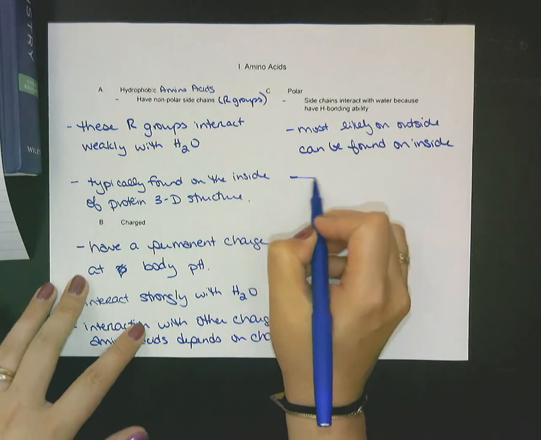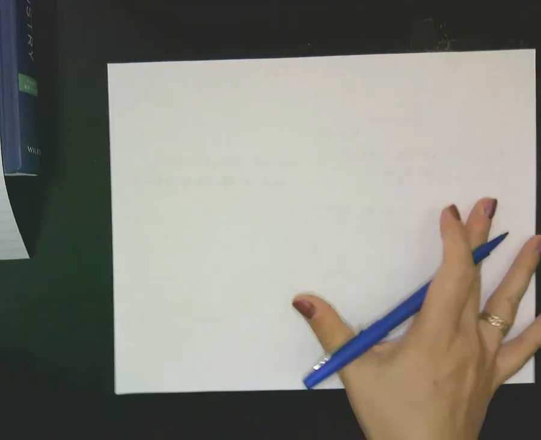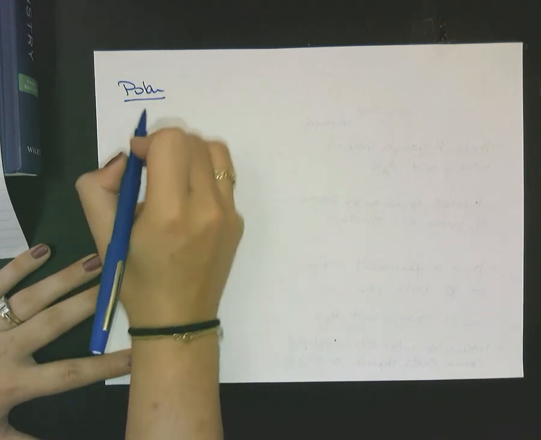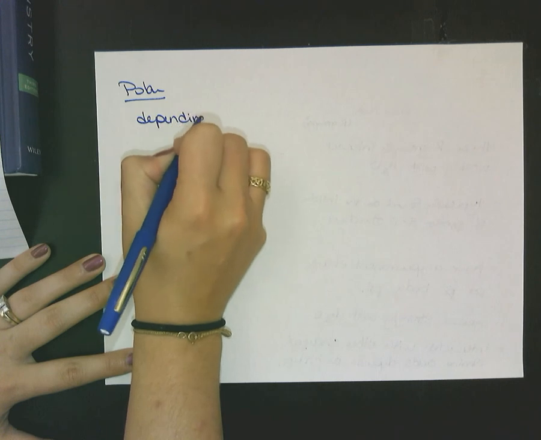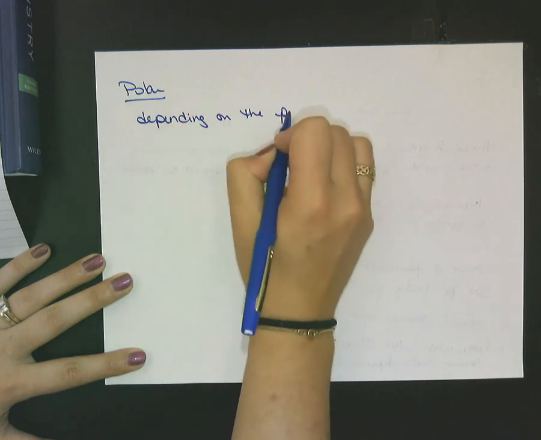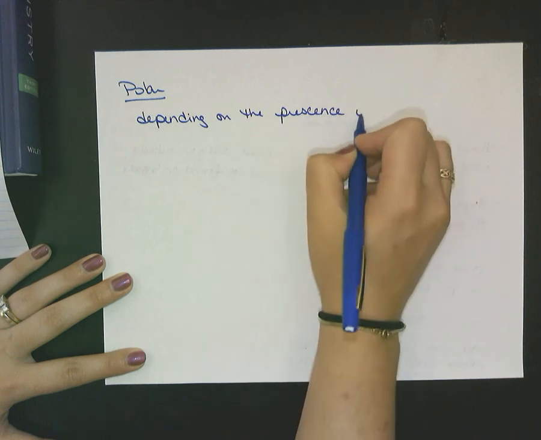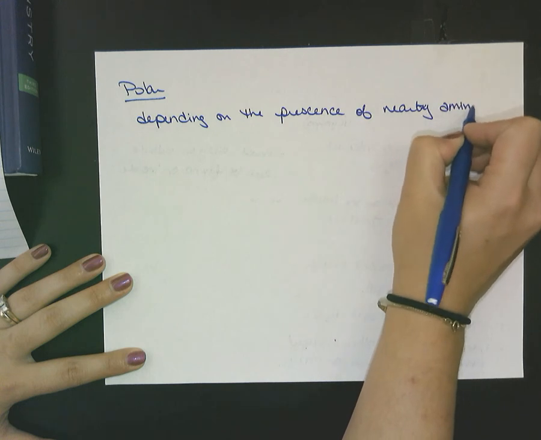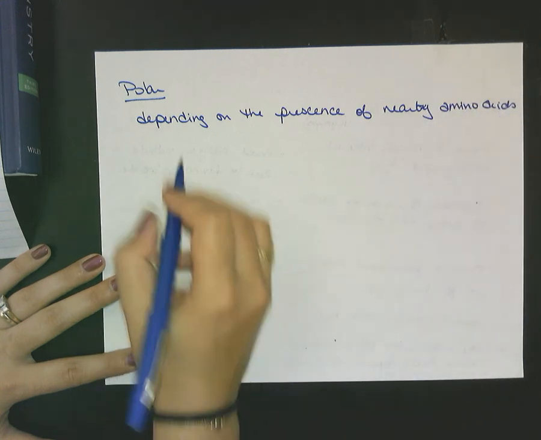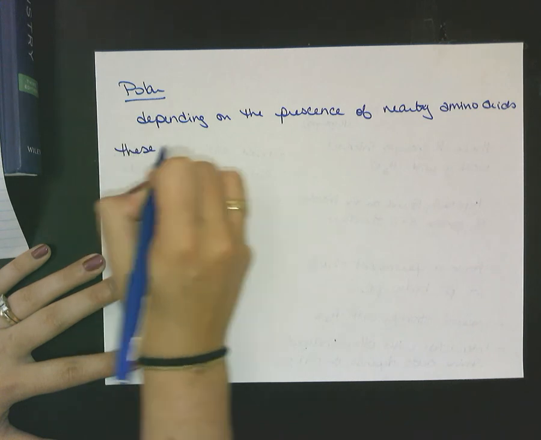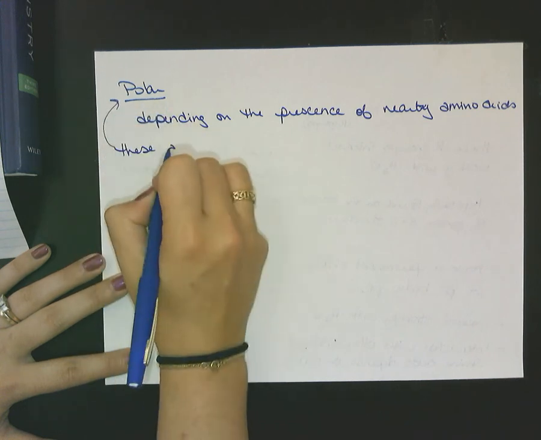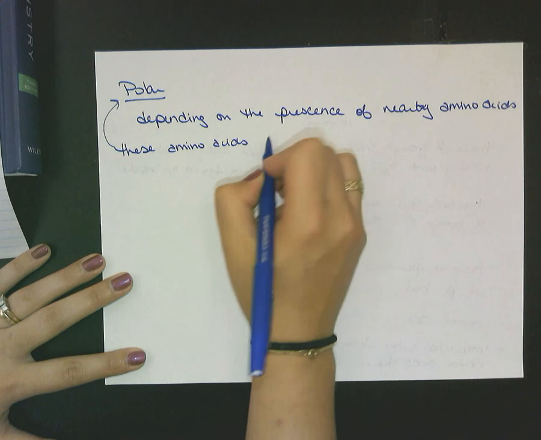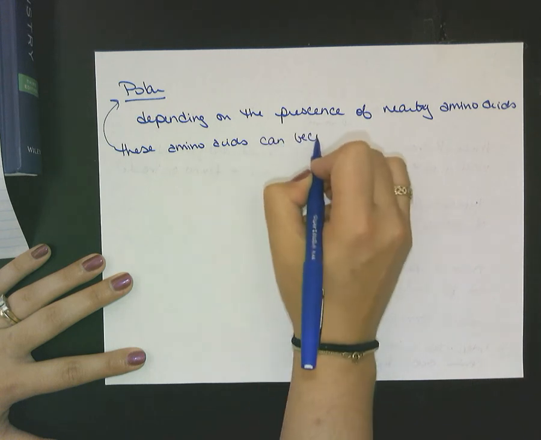So I'm going to flip this over so I can draw a little picture. So still looking at polar. Depending on the presence of nearby amino acids, these polar amino acids can become ionized.